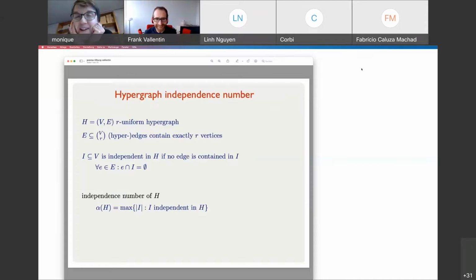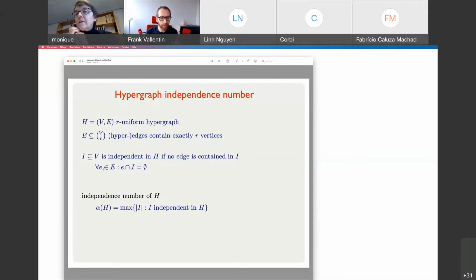Can I just ask a stupid question? You define independent if no edge is contained in I. Edges are subsets of the vertices, and I is also a subset of the vertices. But isn't it different to say no edge is contained in I, and the second line seems to say every edge is disjoint from I?